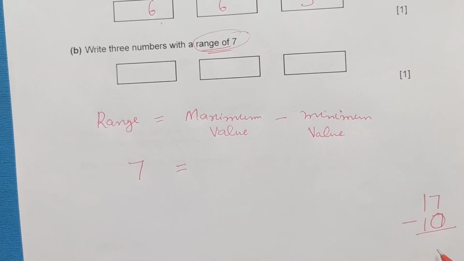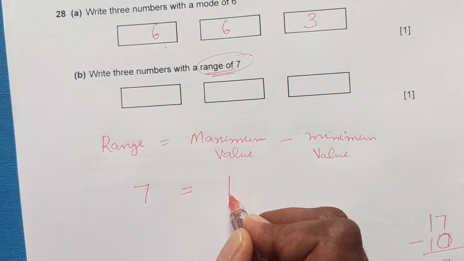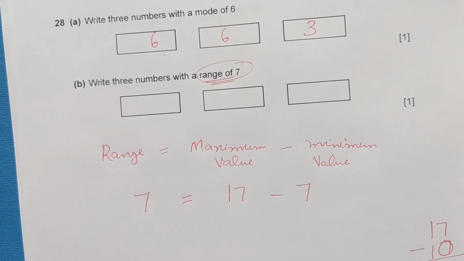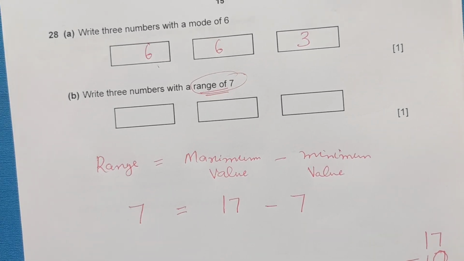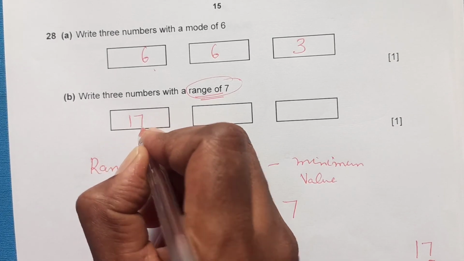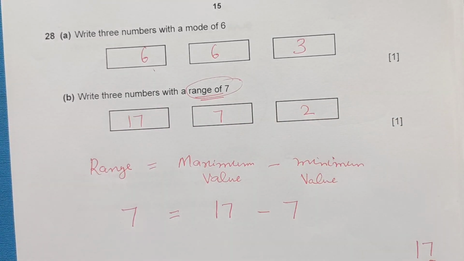When you do 17 minus 10, it will be 7. So we can write down the numbers here. With the largest number, one number I can write down is 17, and 10. Then you can write down any other number. Let's say it is 12.